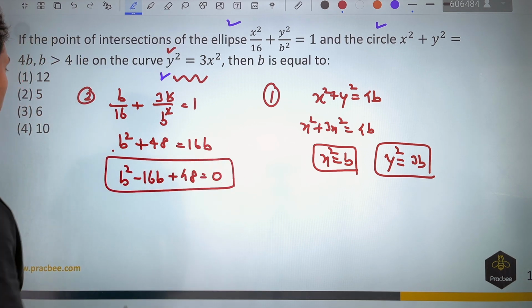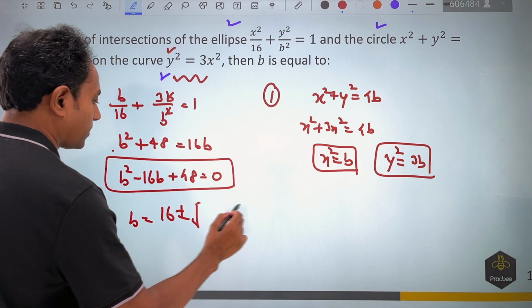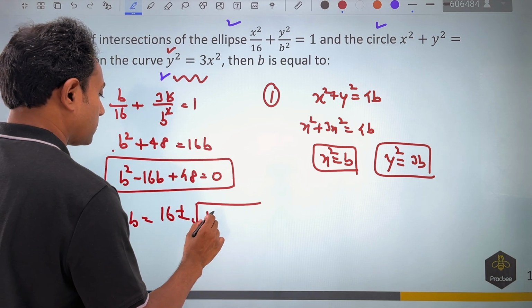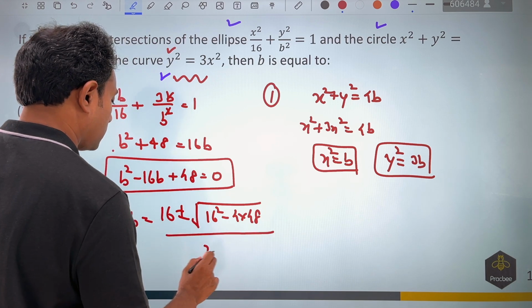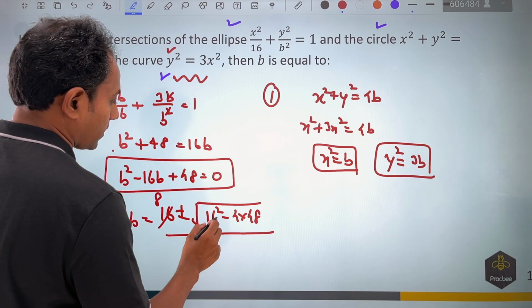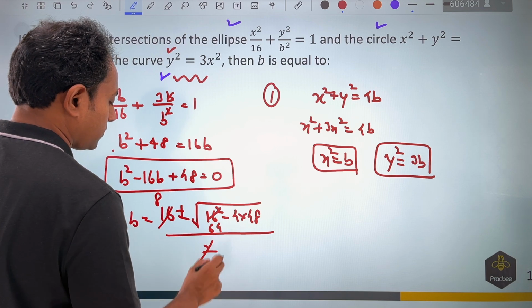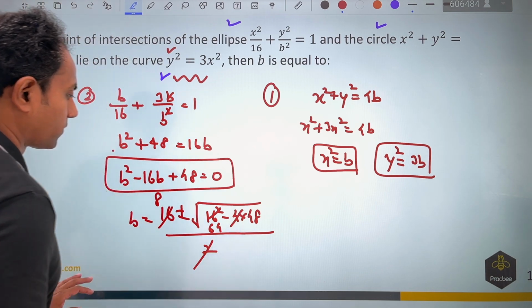Now I can solve this equation. So b comes out to be 16 plus minus root of b square minus 4ac by 2a. So if I remove 2, this becomes 8 and 4 will go, so this will become 64. This 4 will also go away.